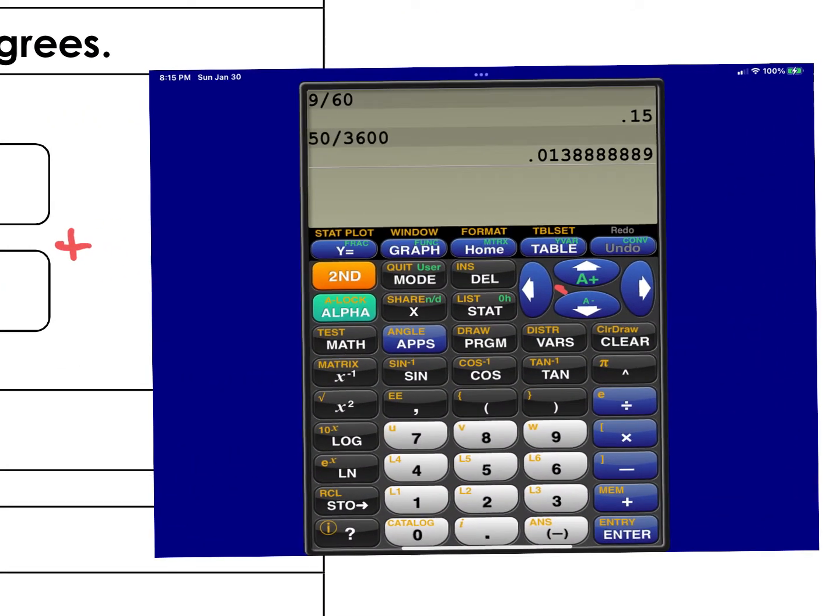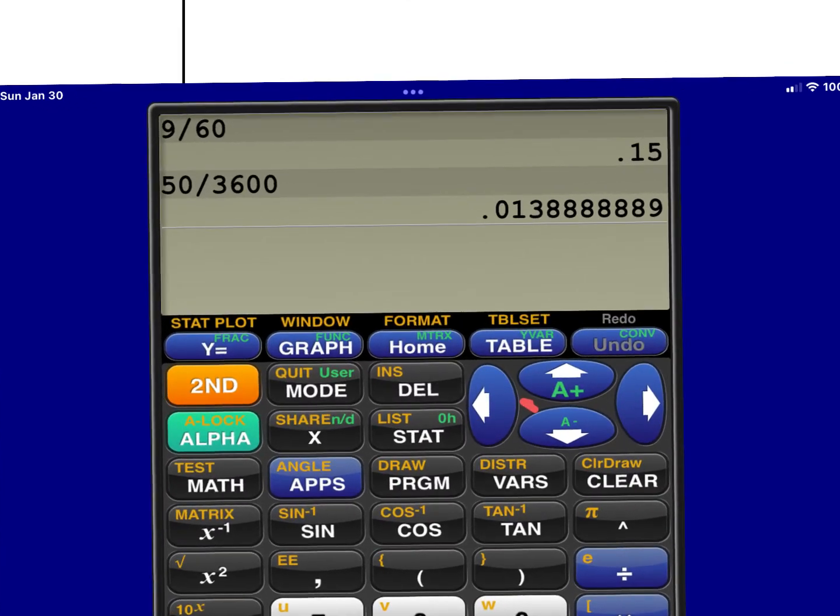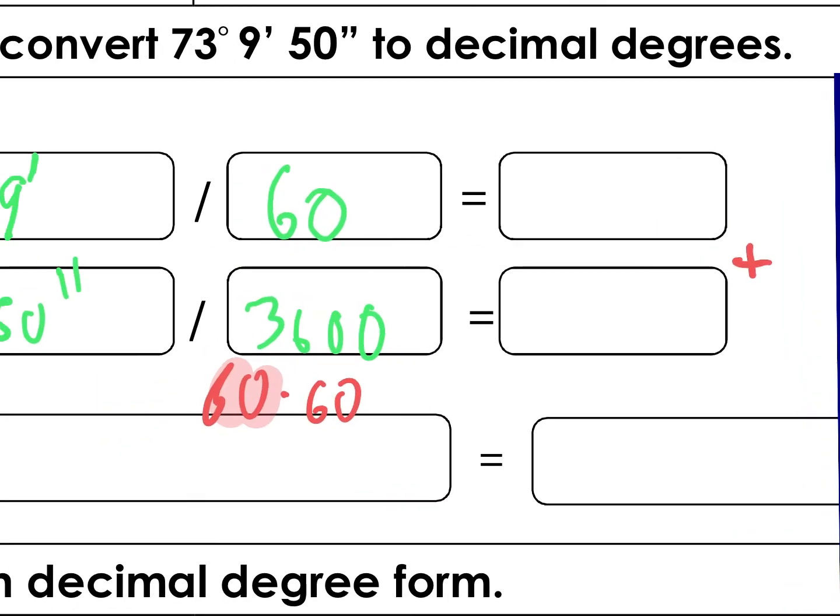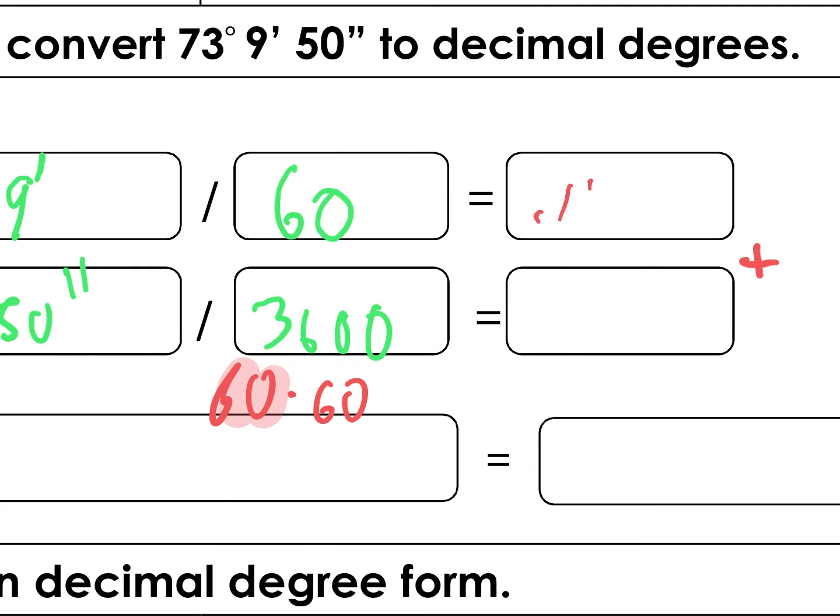The reason I want to insert the screenshot is there are too many decimals there. So my 9 minutes divided by 60 gives me 0.15. We'll put that over there, equals 0.15.